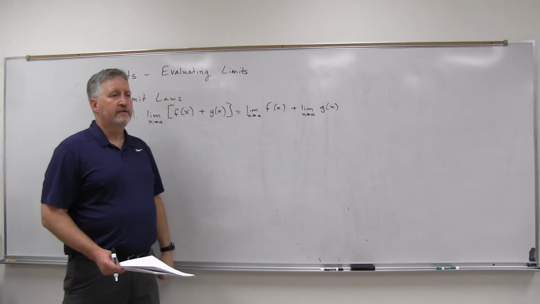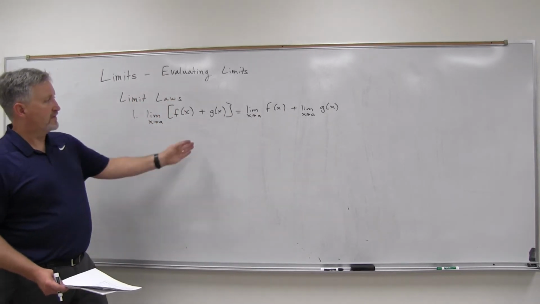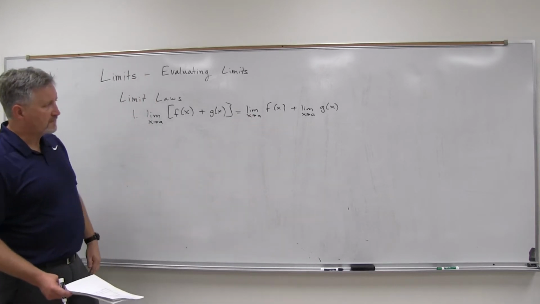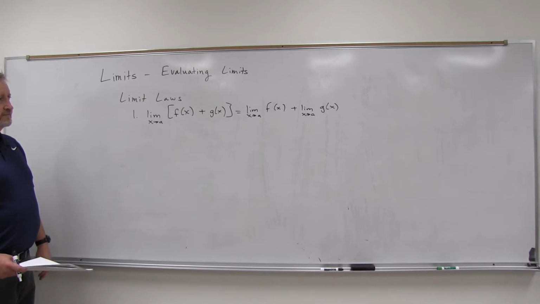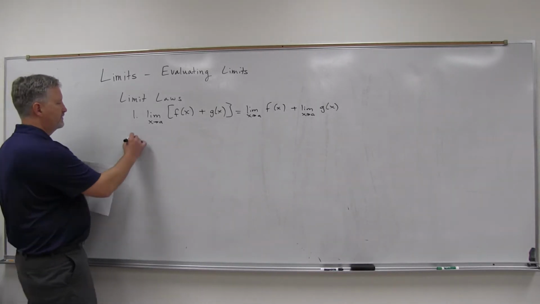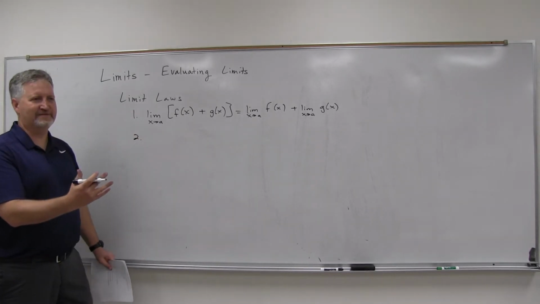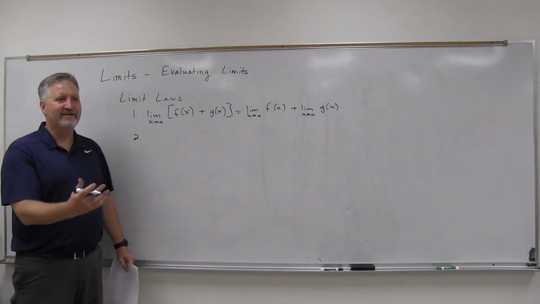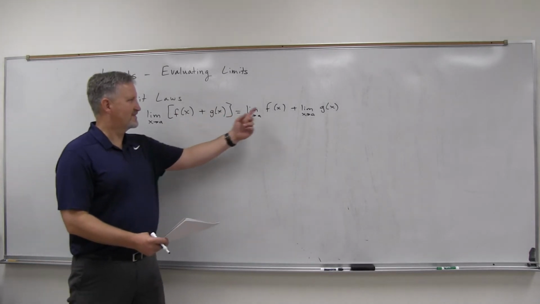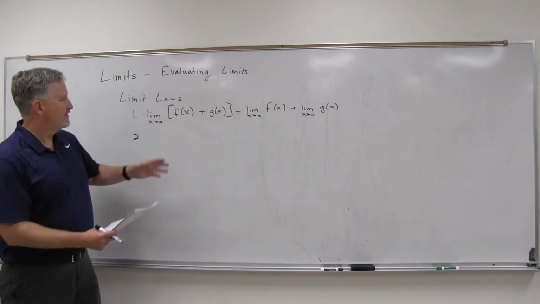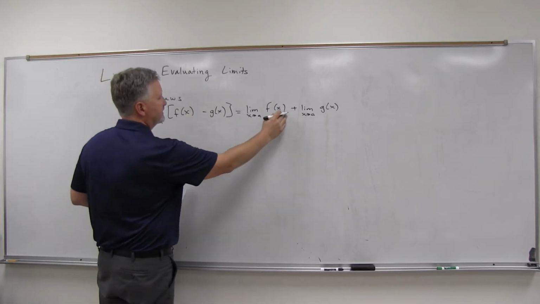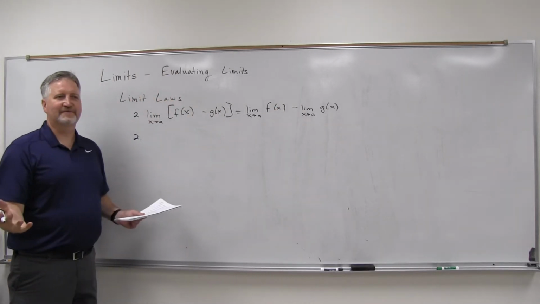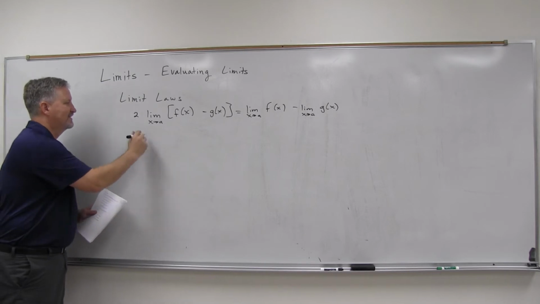Basically, do the limit of f of x, and then also the limit of g of x. So you're doing those separately. Number 2 is very much the same as number 1, except you've got minus instead of plus, so the same thing works. Number 2 is just the same thing with subtraction.